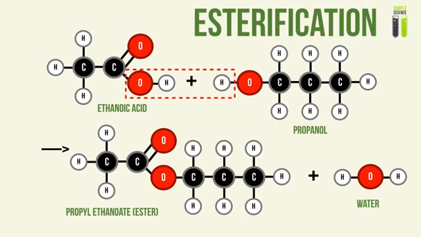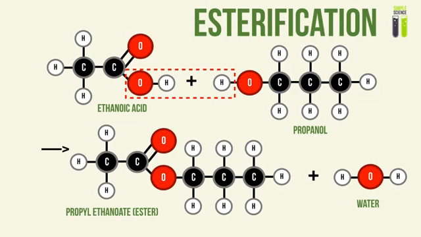So this type of ester gets the carbon chains from both the ethanoic acid and the alcohol, whereby this name is propyl ethanoate. Why propyl?